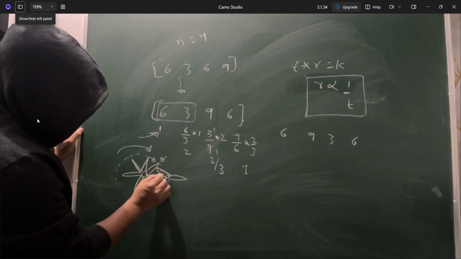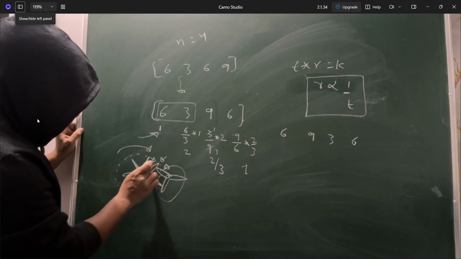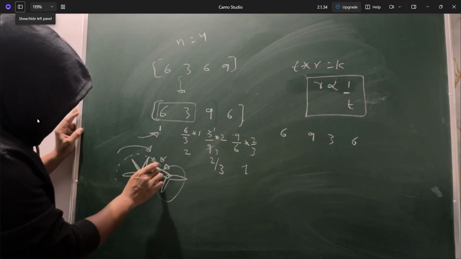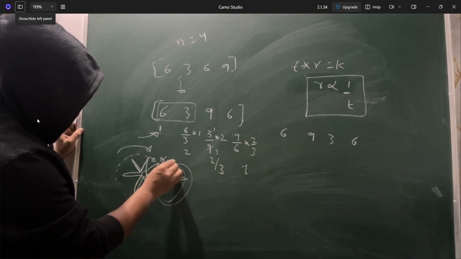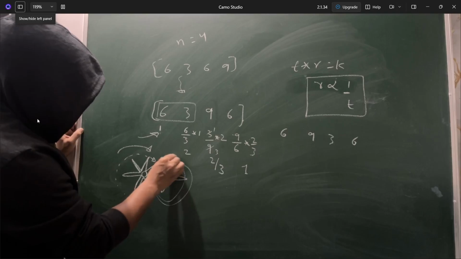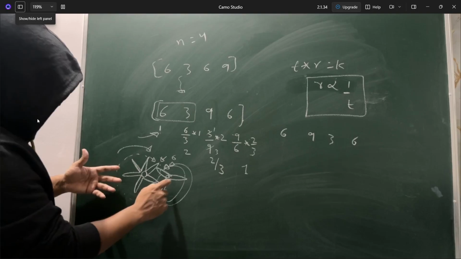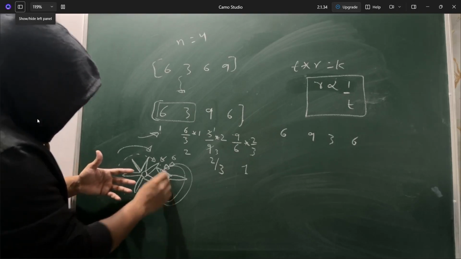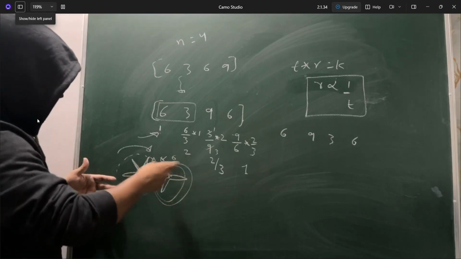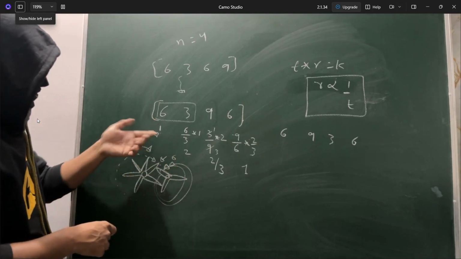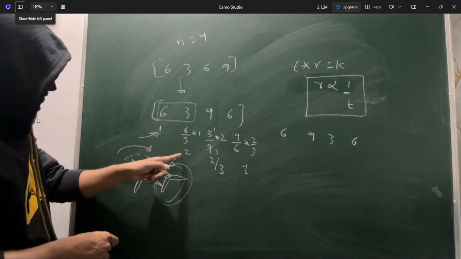If this gear rotates one time, it touches only 3 teeth, and one more time, it touches 6 teeth. So when it rotates one time, and this has fewer teeth, this one will rotate more times, like 2 times. That is the reason here it is rotating at 1 revolution per second, and it is rotating at 2 revolutions per second.